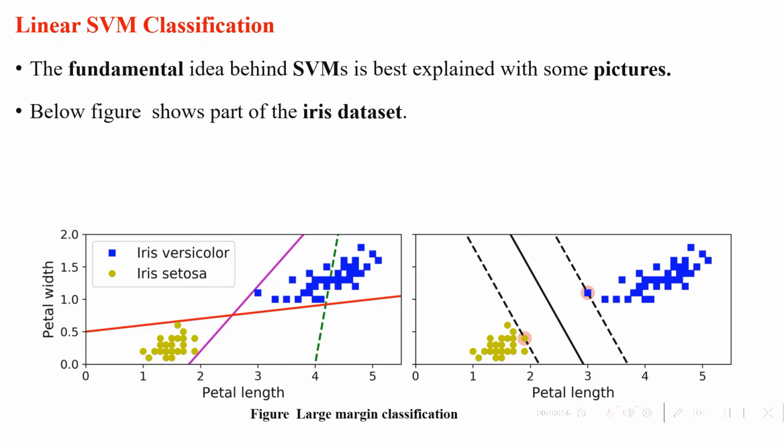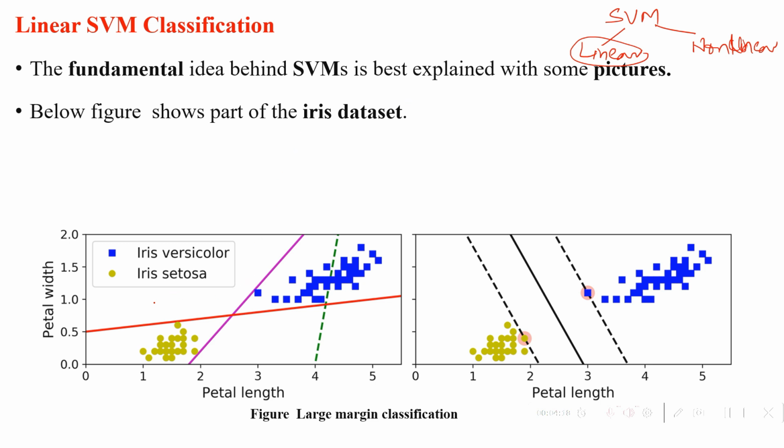Support vector machine classification contains two models: one is linear SVM classification, for linearly separable data, and the other is non-linear classification. In this class we are going to discuss linear classification.